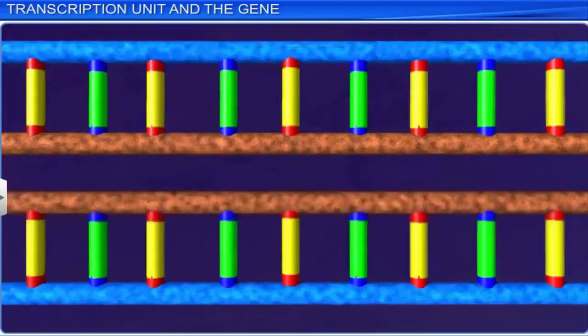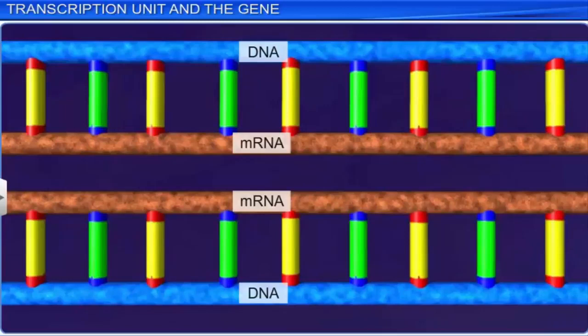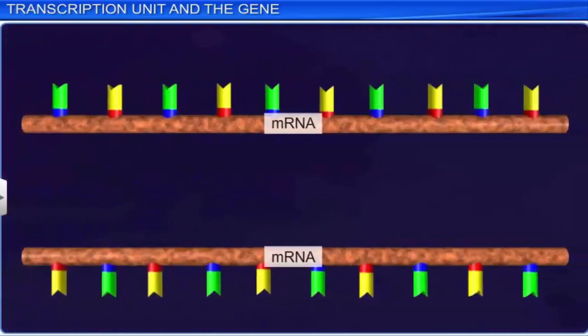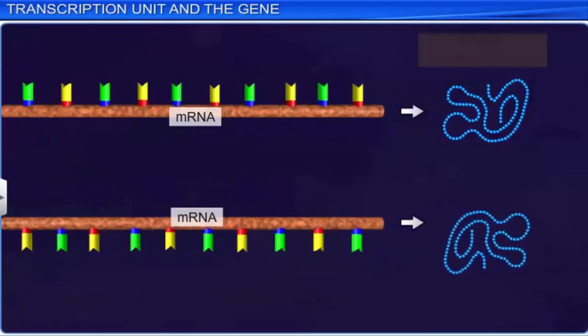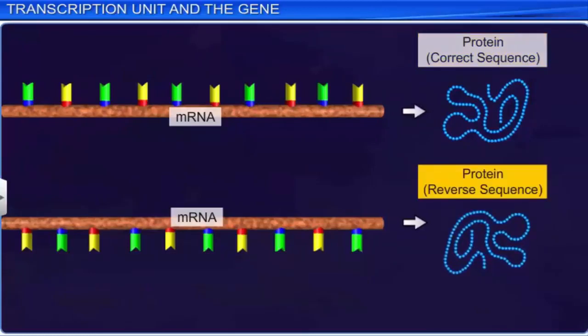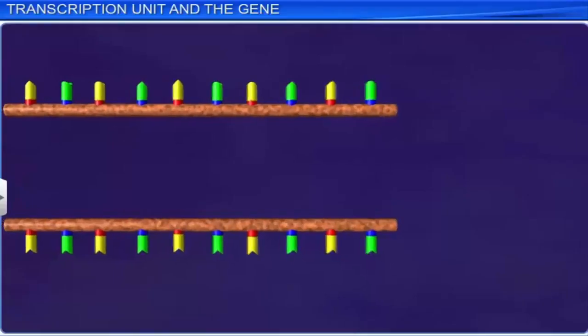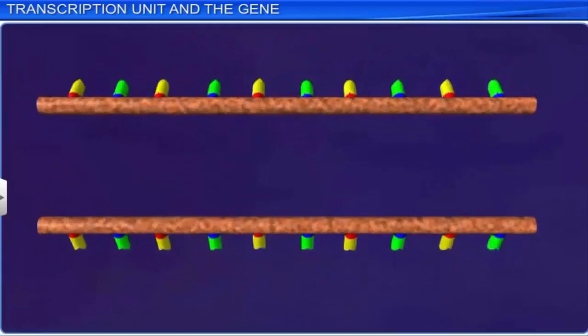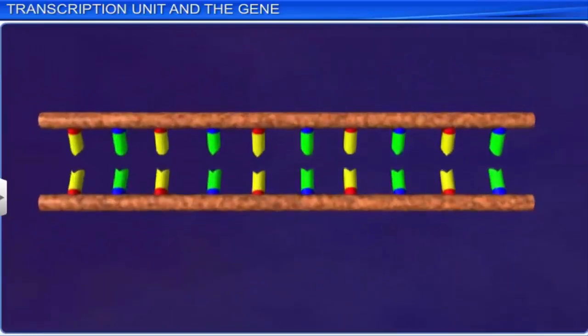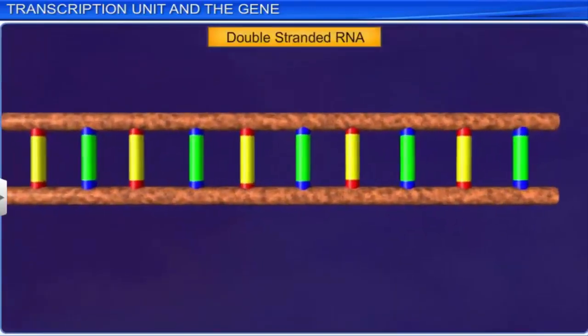In case both DNA strands act as templates in transcription, two types of proteins will be produced: one with the correct sequence and the other with the reverse sequence of amino acids. Moreover, the simultaneously produced RNA molecules would become complementary to each other and will form double-stranded RNA.